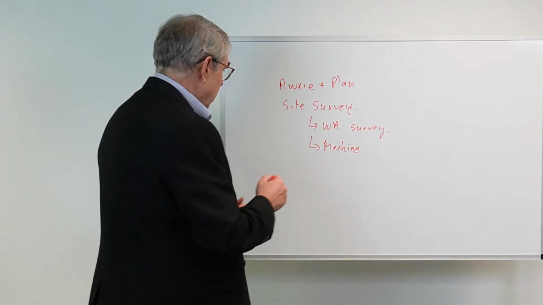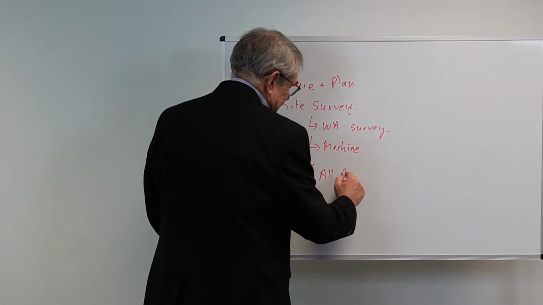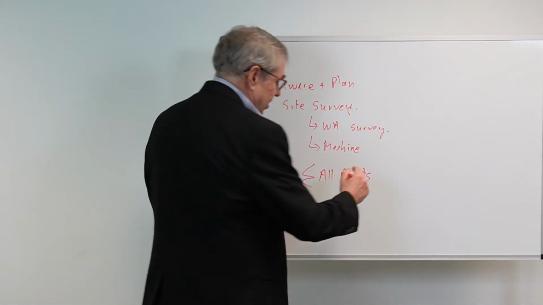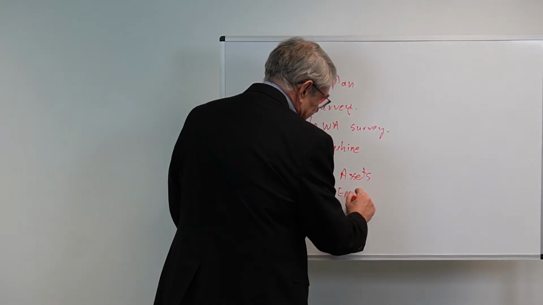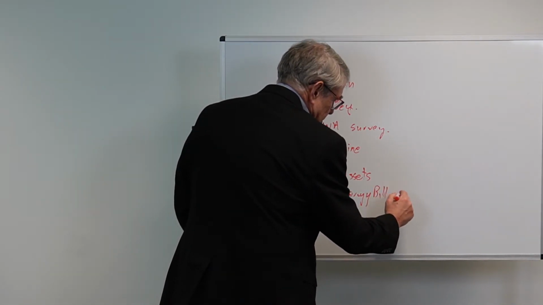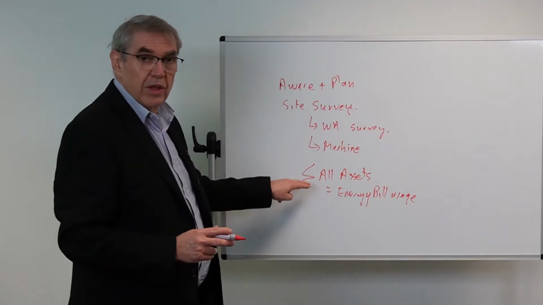Now, you know that the sum of all the assets, that's the energy that they use, is equal to the energy bill usage. So what you try and do is say, well, look, I've got a list of all the assets here.